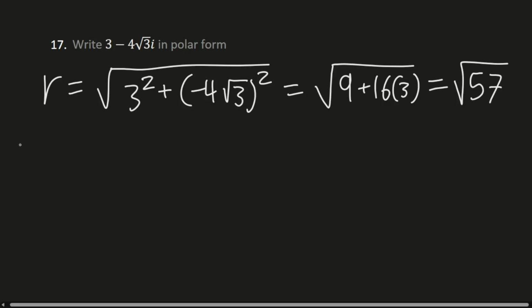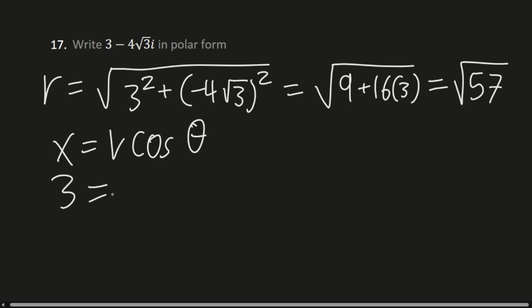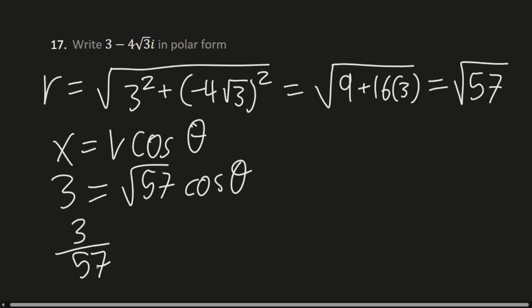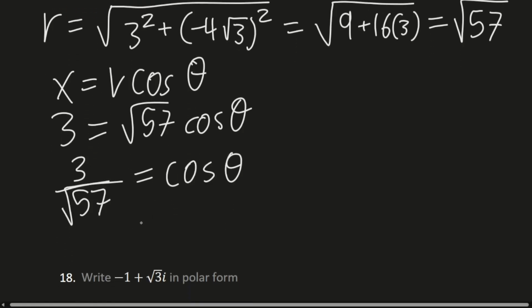I don't want to deal with the square root, so I'm just going to work with x, and so I'm going to pick x is equal to r cosine of theta to find my angle. Plug in my values. Okay, divide both sides by square root of 57. And this is definitely not a nice number, and so theta is going to be equal to inverse cosine of 3 over square root of 57.